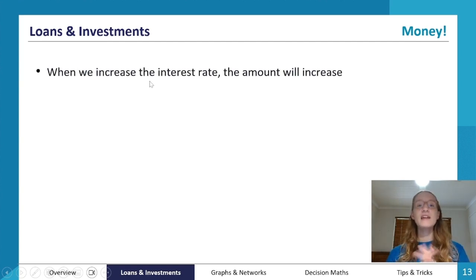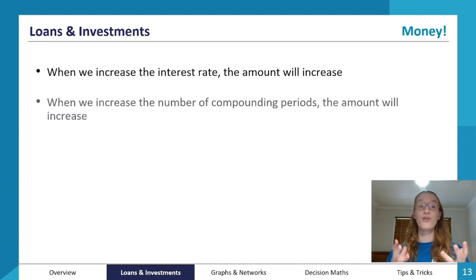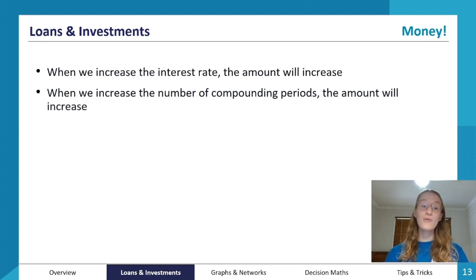So here are a few of the takeaways from those examples that we looked at. When we increase the interest rate, the amount will also increase, because when the interest rate goes up, more interest is being applied, so the amount is going to grow quicker. And also, when we increase the number of compounding periods, the amount will also increase.